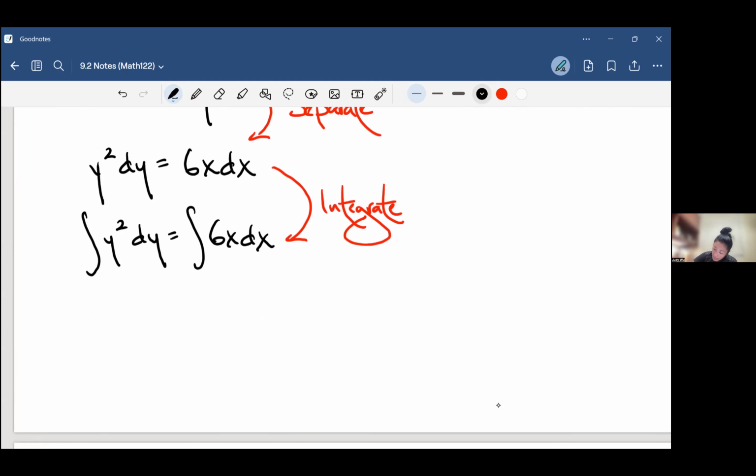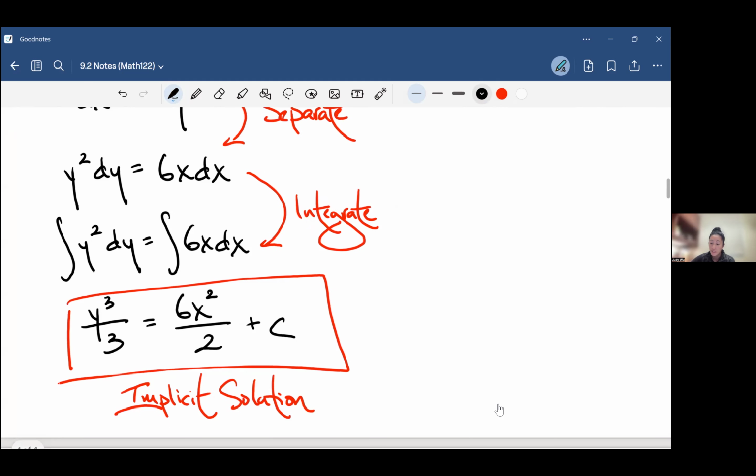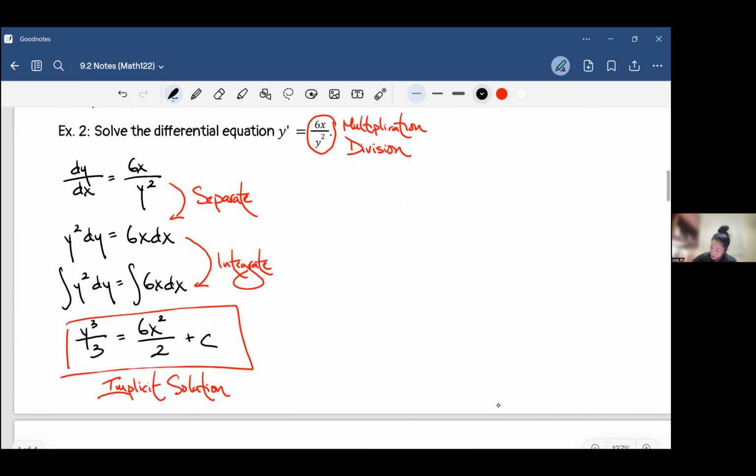So on the left-hand side, I get y cubed over 3 equals, let's see, 6x squared over 2 plus c. Now that's not simplified, but this is something that we could consider our implicit solution.